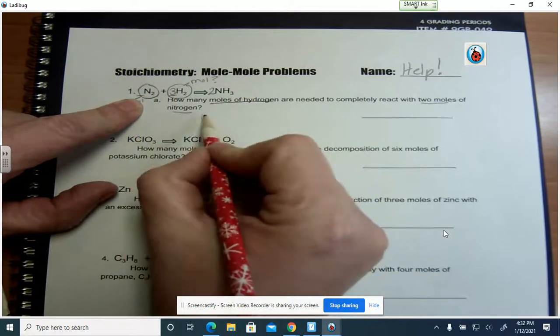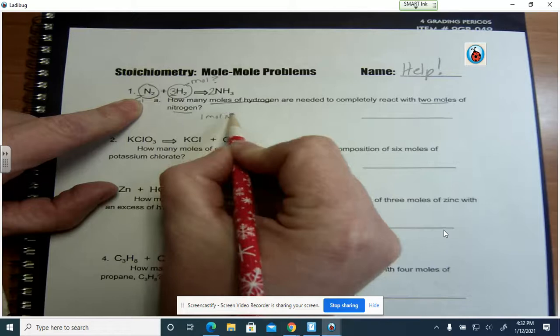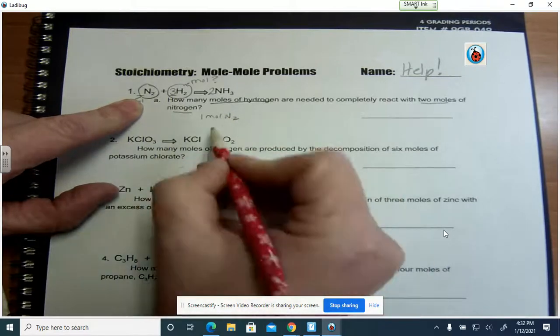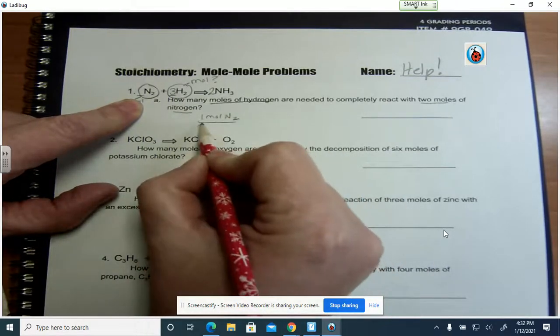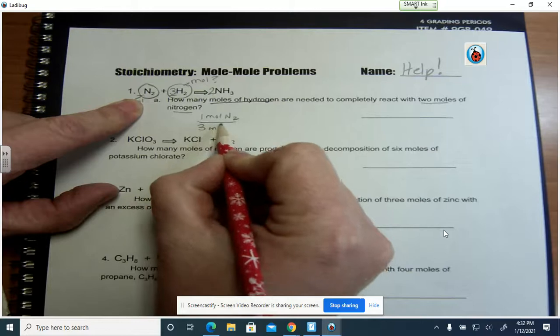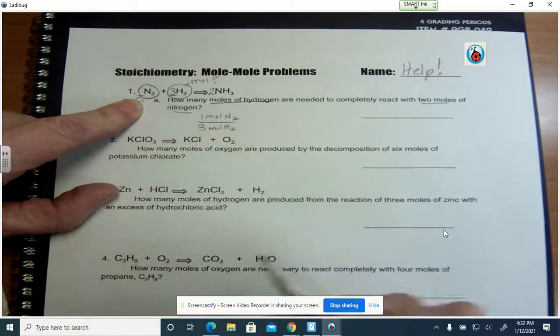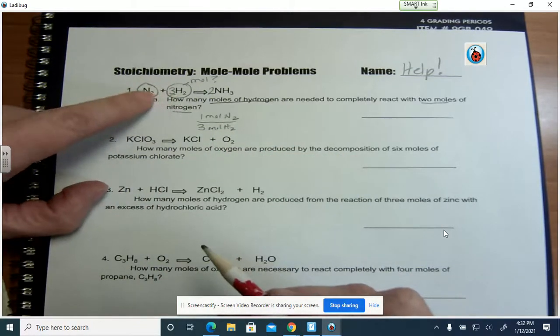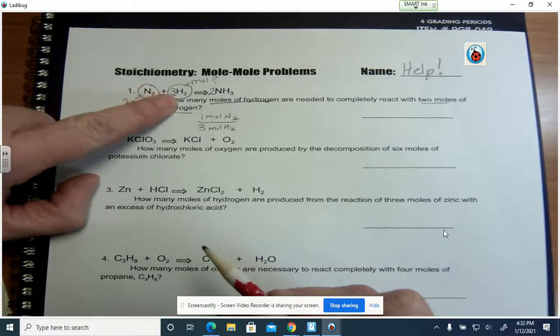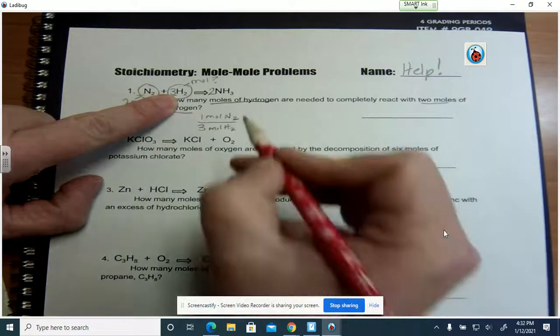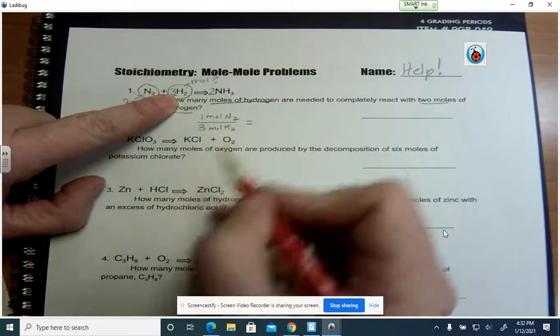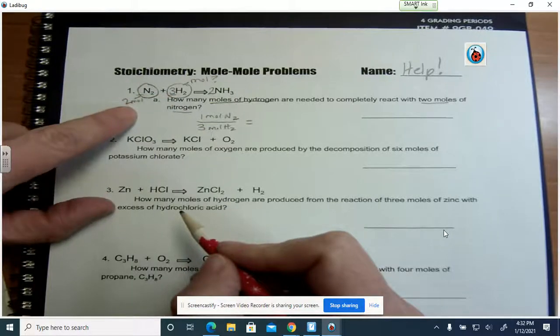For every 1 mole of nitrogen, I have 3 moles of hydrogen that react with it. For every one of these, I've got to have triple the amount of hydrogen to make it react. I'm going to set this equal to what I'm given now.